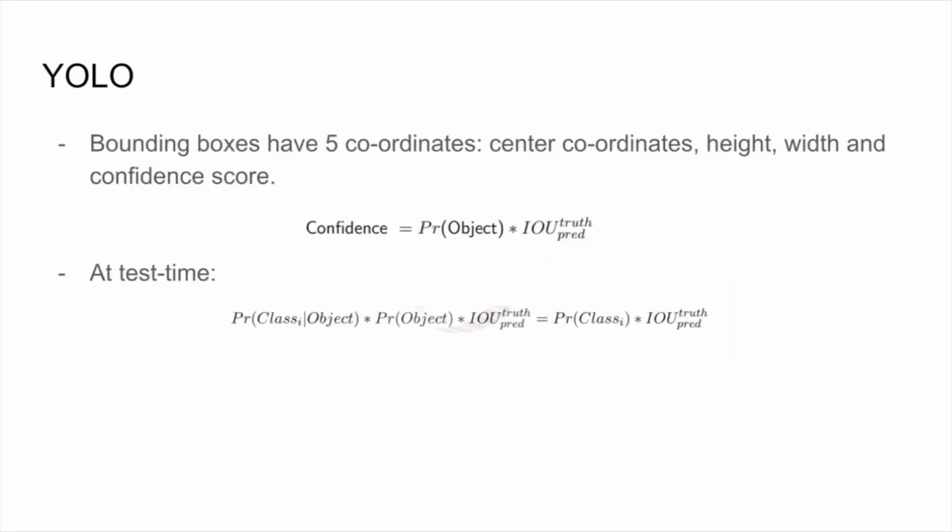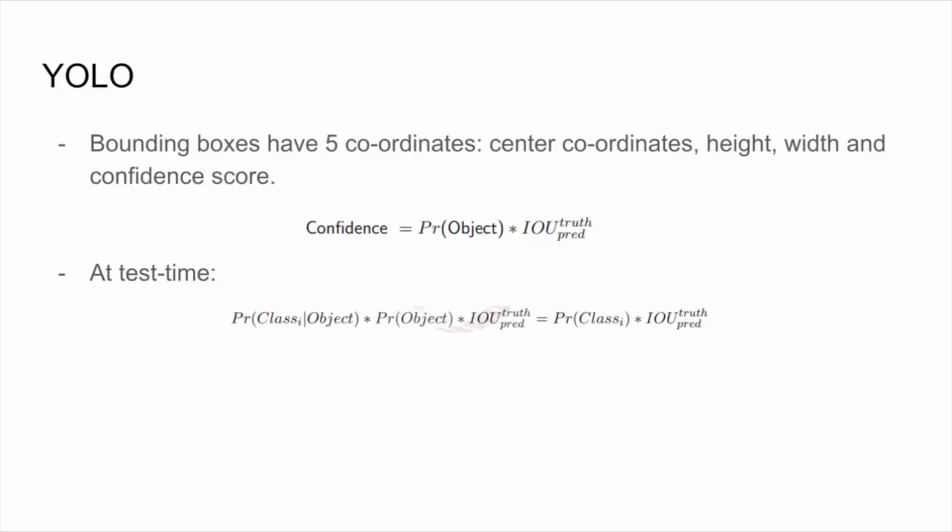So the bounding boxes have 5 values: the center coordinate, the height, the width, and the confidence score. If a center coordinate is given, that's two numbers. And if a height is given, I can just draw the bounding box. If the height is given, I can draw the two horizontal lines.